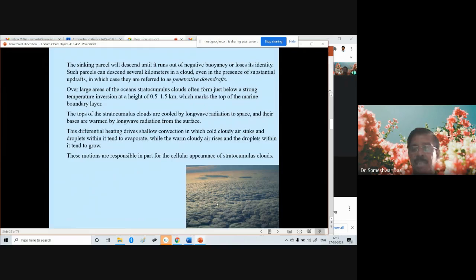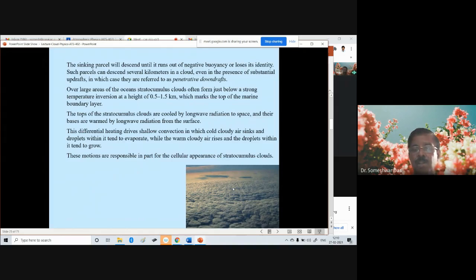This photo is taken from above, maybe by a flying aircraft, and as it shows, there are actually patterns. If you look closely, there are patterns in these clouds: the long streets. Empty region, cloudy region, empty region, cloudy region. You can see long streets of stratocumulus cloud.